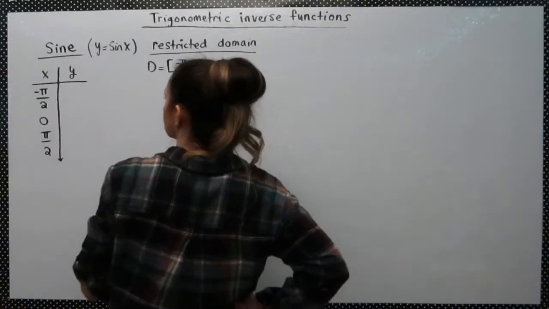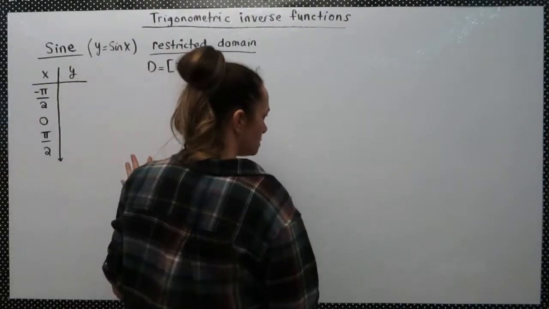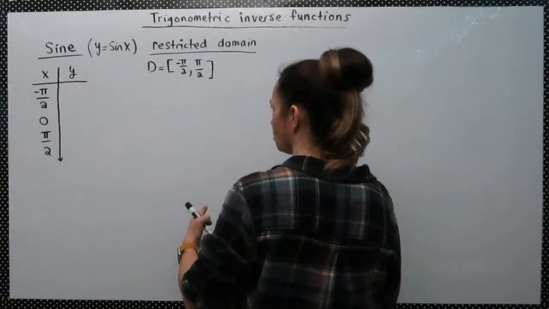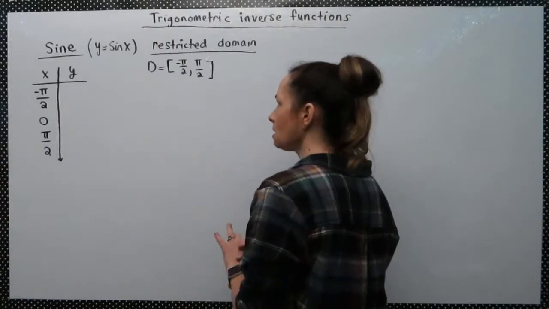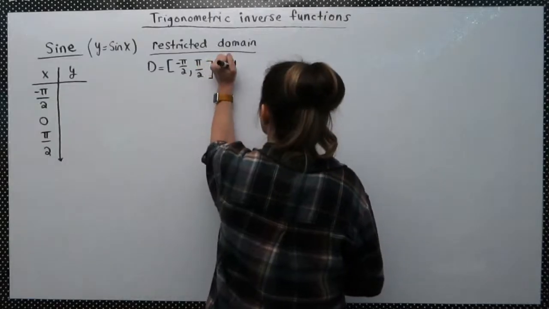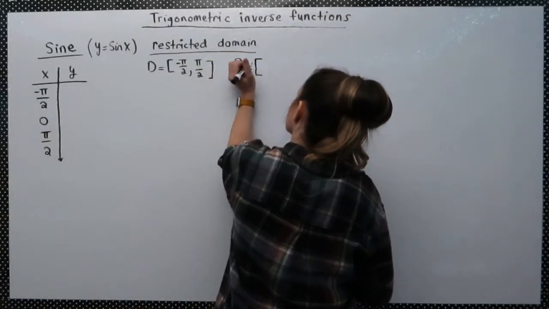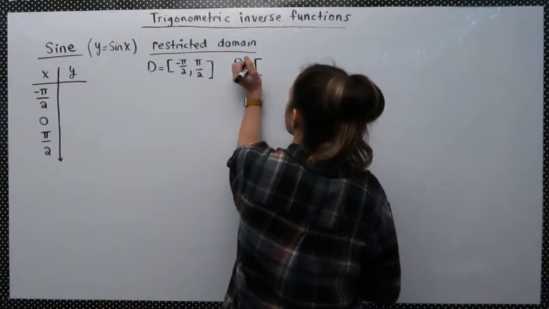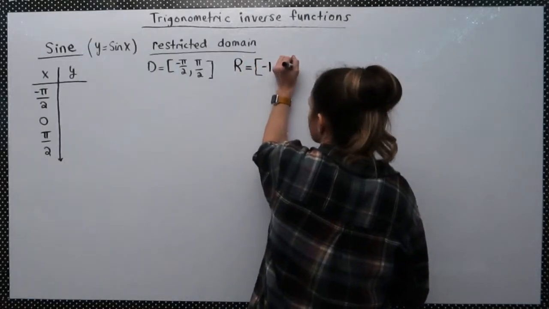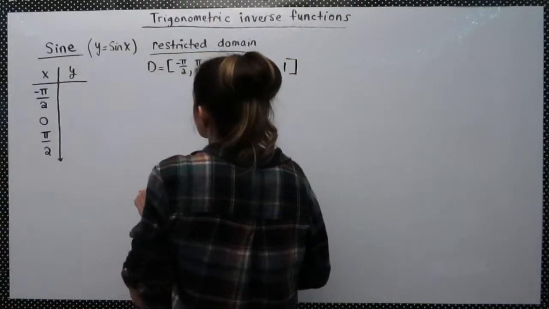We did that because of those repeating values. That was the interval we found that is clean, with no repeating values. And the range has always been, with a bracket because we're including the endpoints, negative 1 to positive 1.